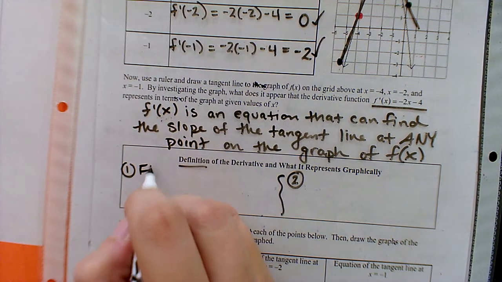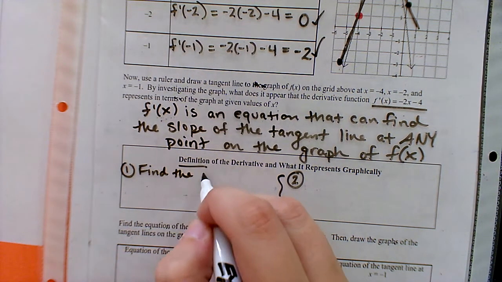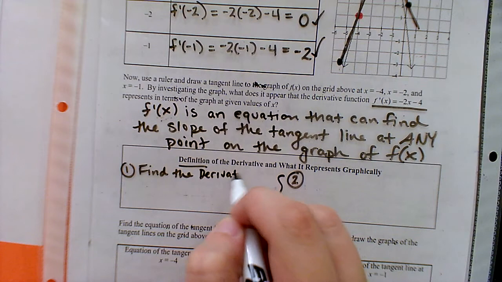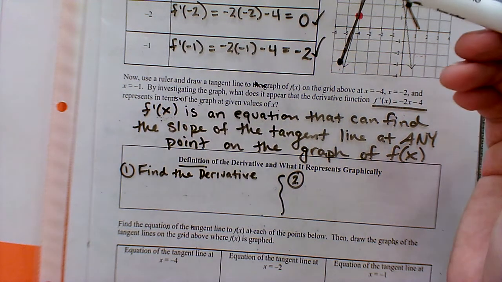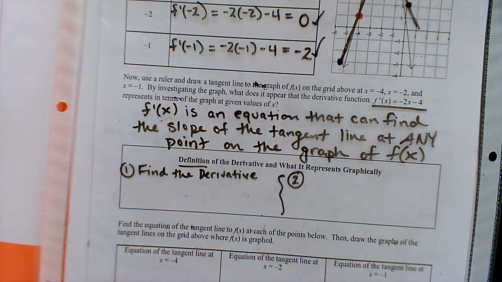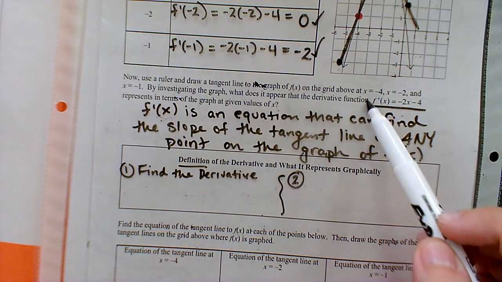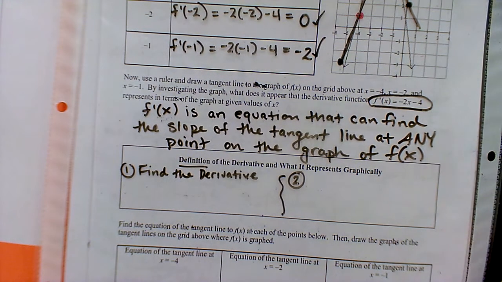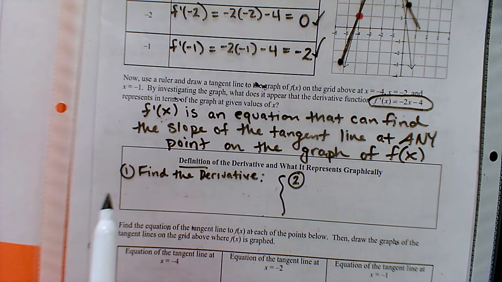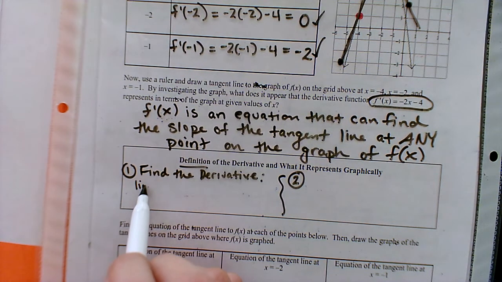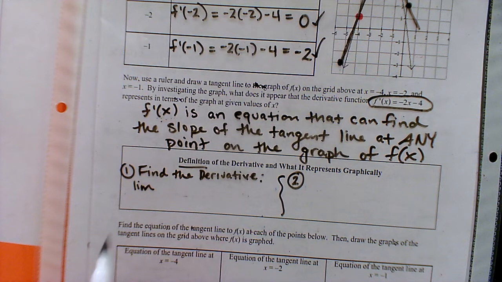So mathematically, to find the derivative, how did we calculate that equation of negative 2x minus 4? Where did that come from? What did we use to find negative 2x minus 4? Let's see, we used a limit, right?